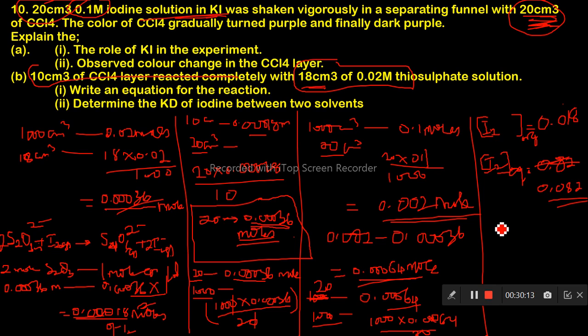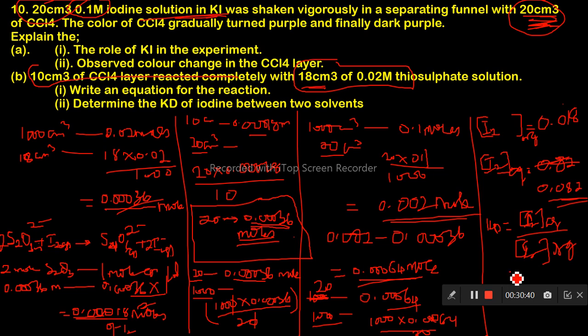So the KD is going to be the concentration of iodine in the aqueous layer out of the concentration of iodine in the organic layer.